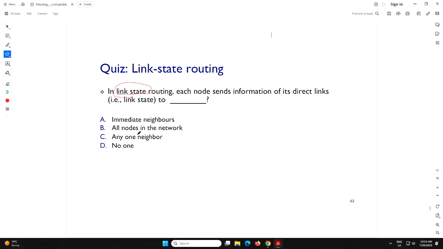Who thinks it sends it to all nodes? Yep, I can see 2, 3 hands. Who thinks only one neighbor? Yeah, no answer, fine. And none of them. So the answer is B, right? You do a flooding. You flood throughout the network, so you want to send the information to everyone, right?